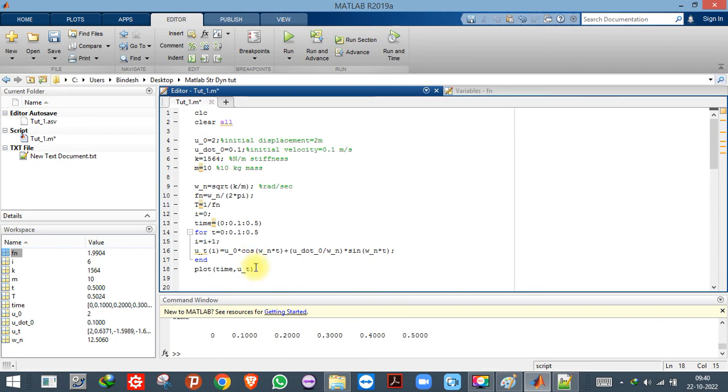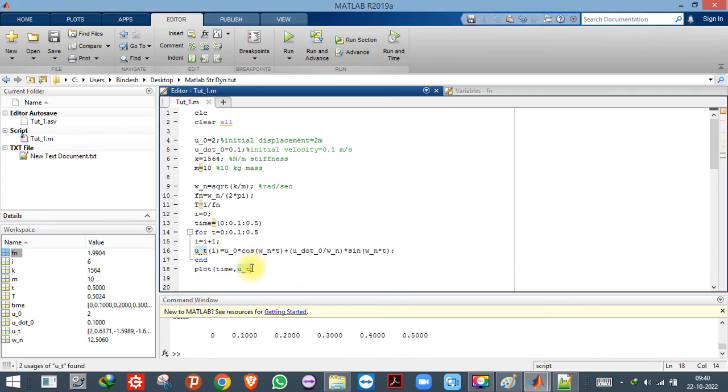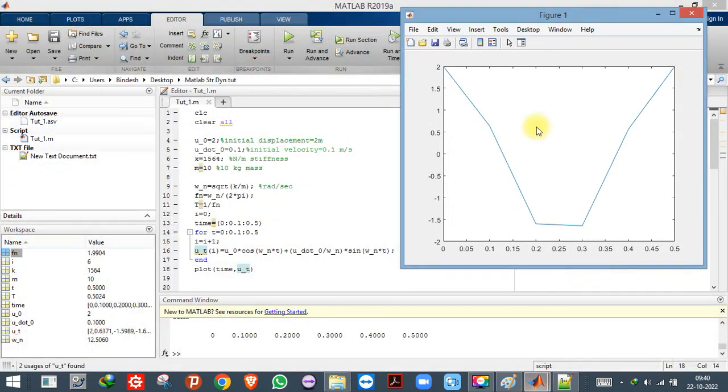Now, one thing you can do here: the graph that you have plotted, you can name the axes of the graph, like x label, y label, or you can change the color of the graph.